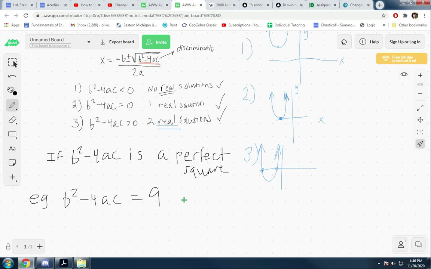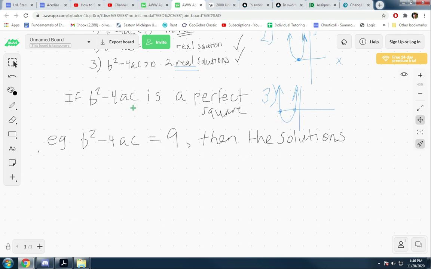It could be any perfect square. Then the solutions to the quadratic equation are rational.